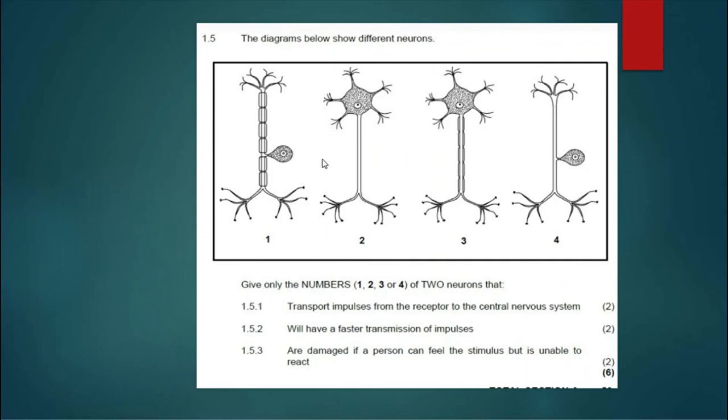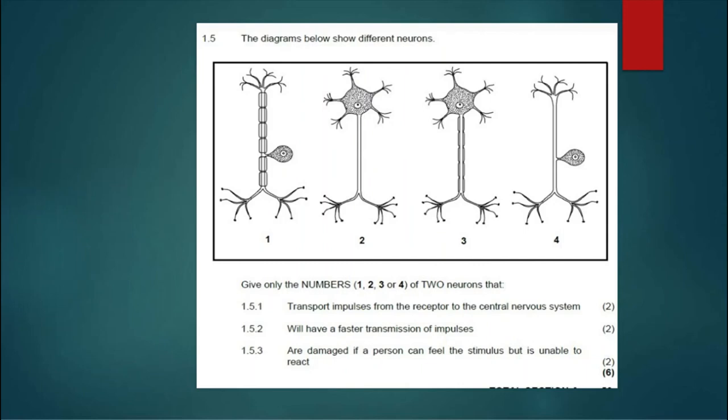The first question says, give only the number 1, 2, 3, or 4 of two neurons that transport impulses from the receptor to the central nervous system. Transport the impulses from the receptor to the central nervous system, that is sensory neuron, and then your answer will be 1 and 4.